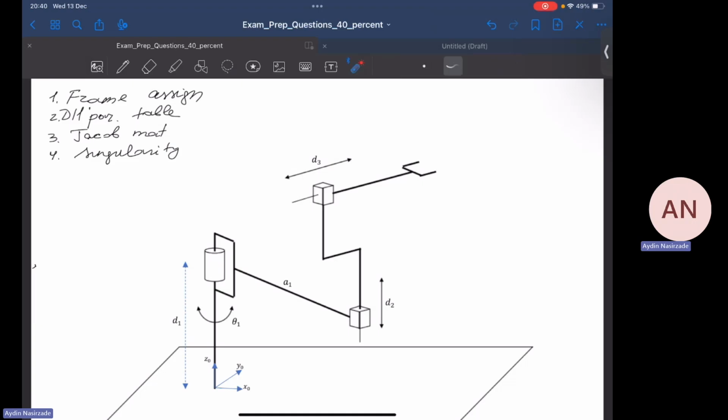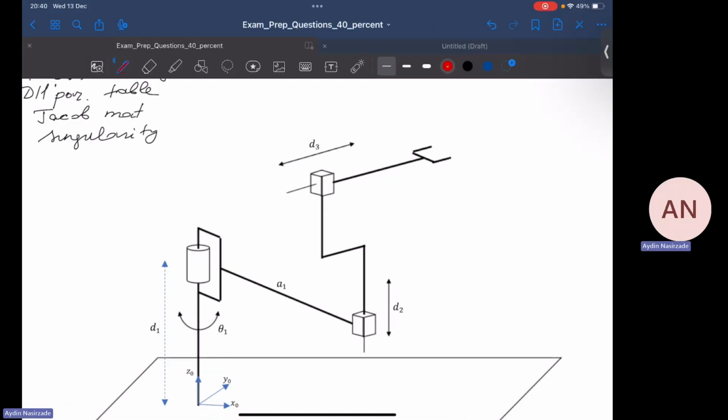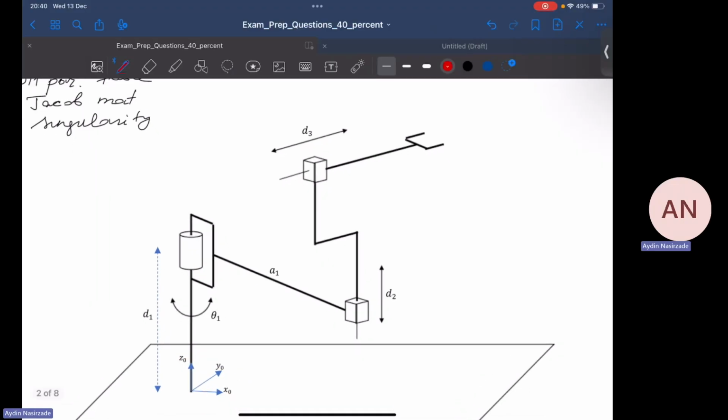All right, we've got the base frame. Now, the origin of the next frame can be right here. The Z1 axis will be in the direction of translation that is generated by this prismatic joint.